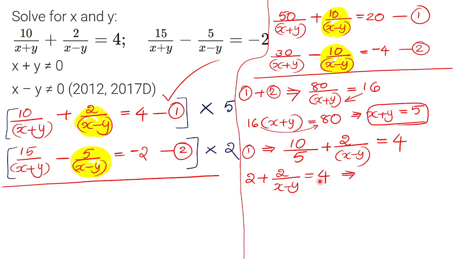This 2 can be taken to the right hand side. So 2 by x minus y is equal to 4 minus 2. 4 minus 2 will be 2. Cross multiplication gives 2 into x minus y equal to 2.